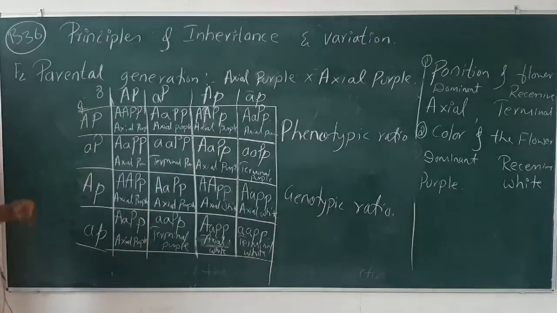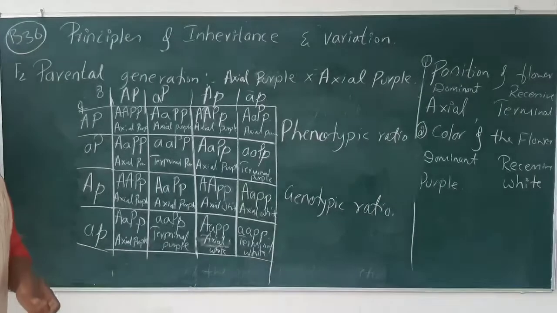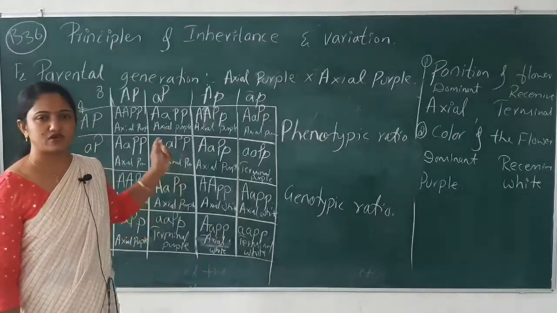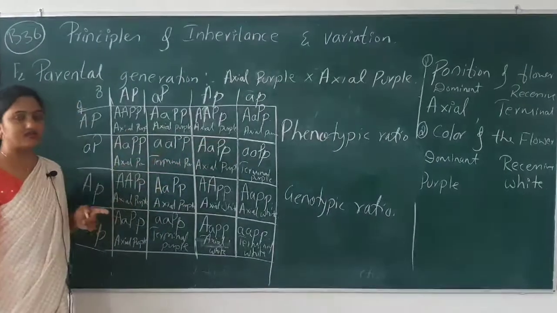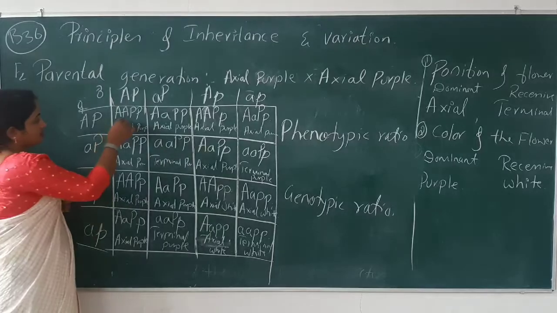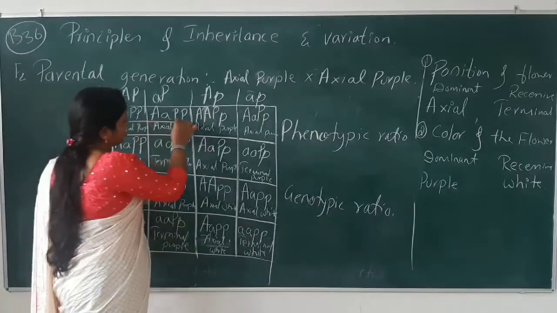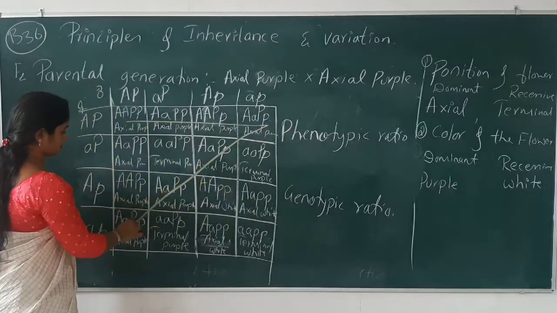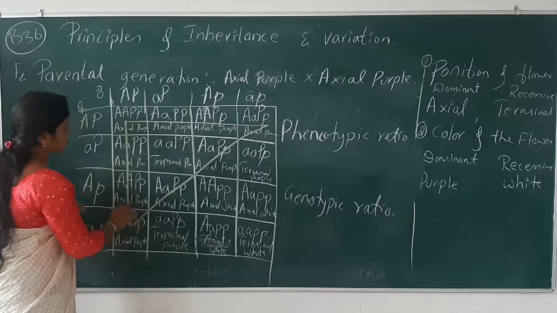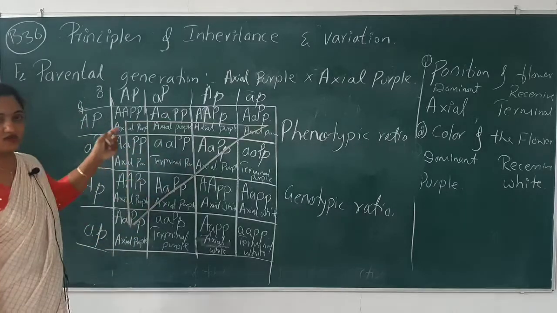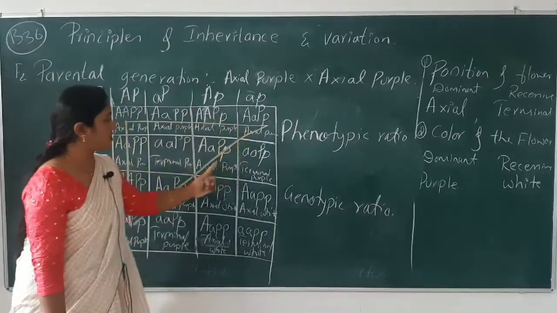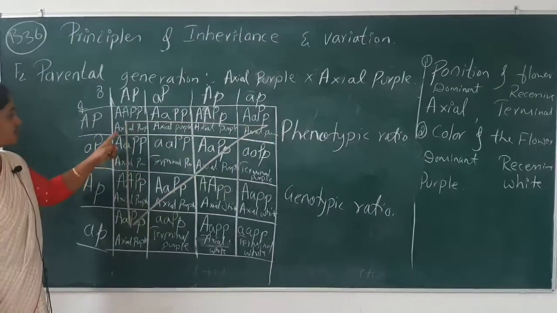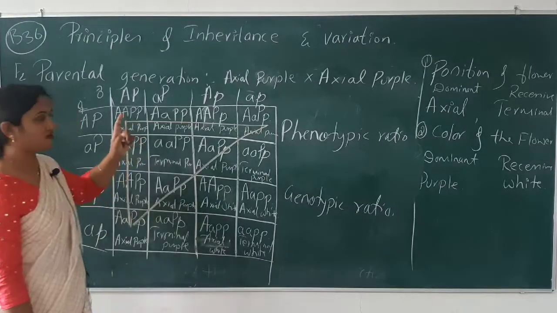Okay, so to better understand the concept, I am going to draw one line here. Just concentrate on that line. Wherever I have drawn the line, those are all expressing the axial position of flower and purple color flower.